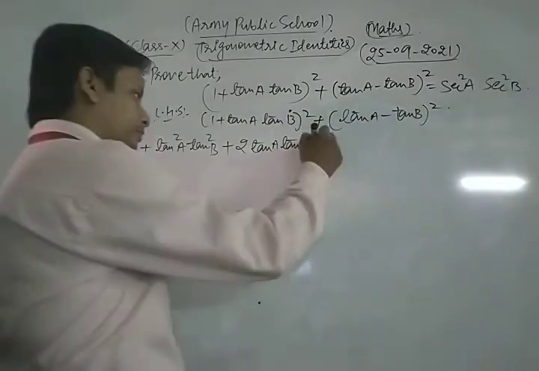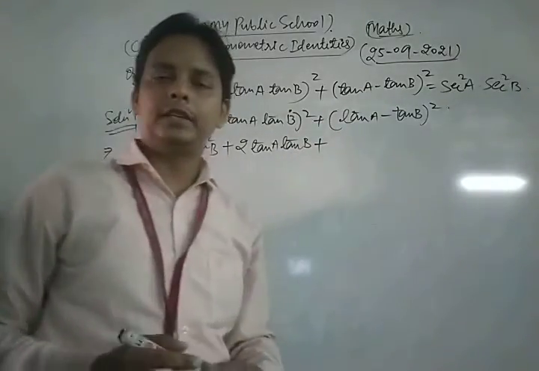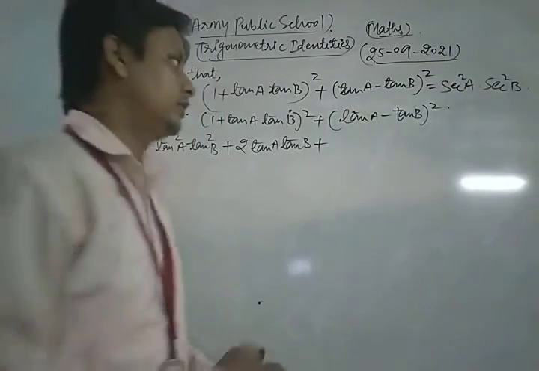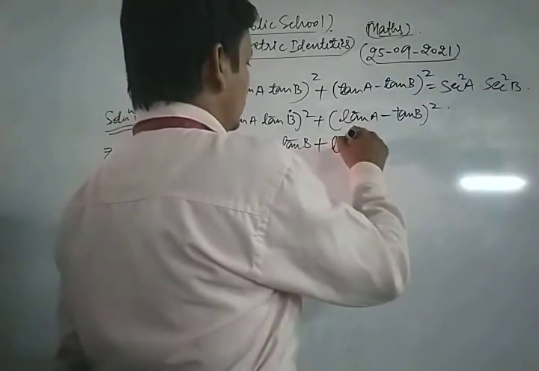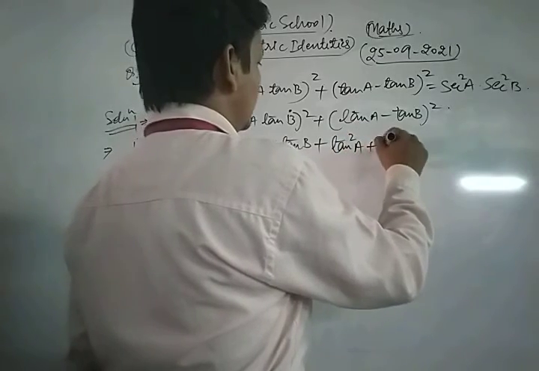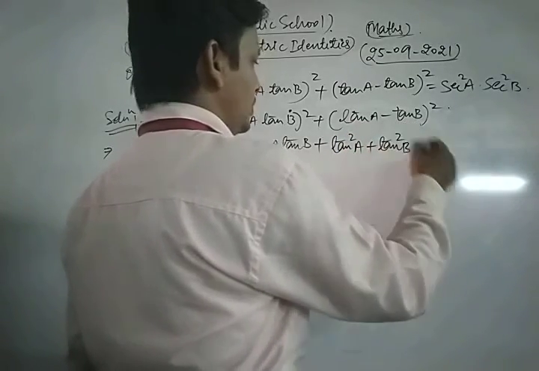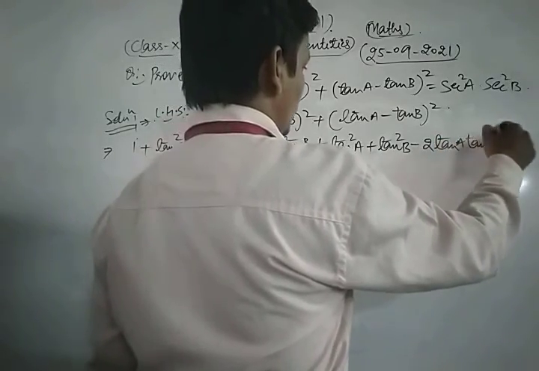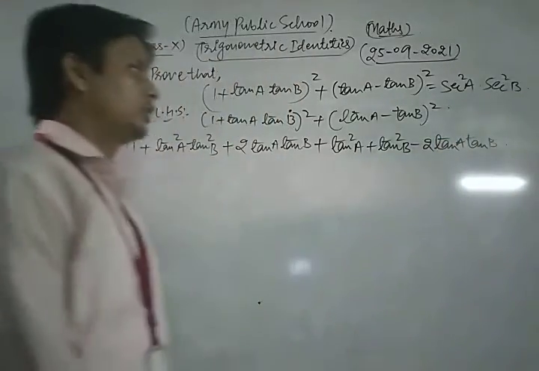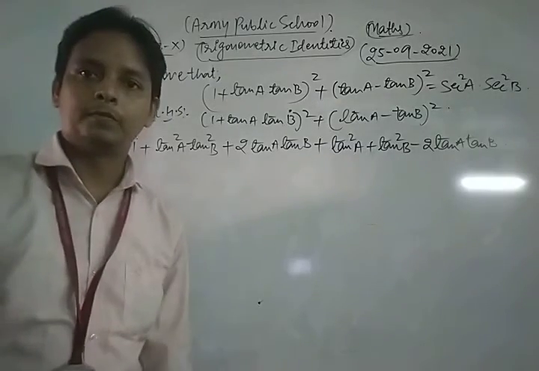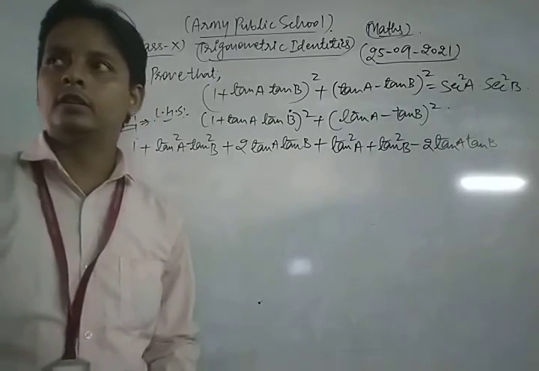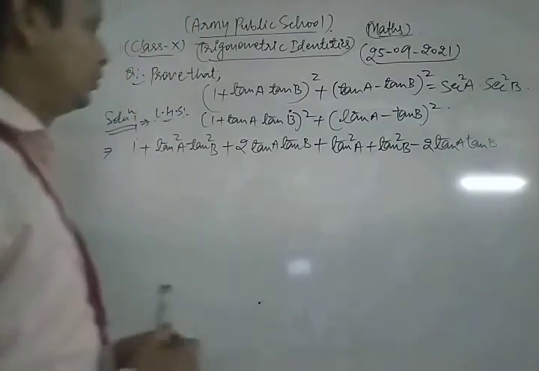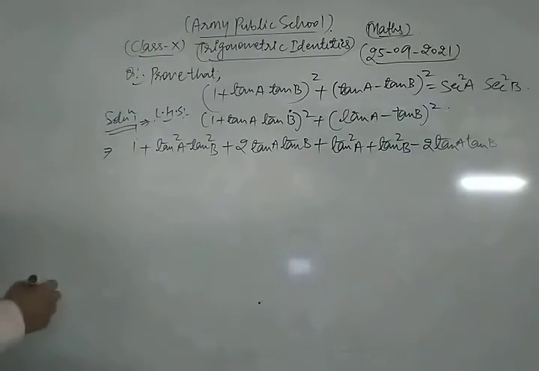Now plus, here we split it based on the identity (a − b)². So again we write a² + b² − 2ab.